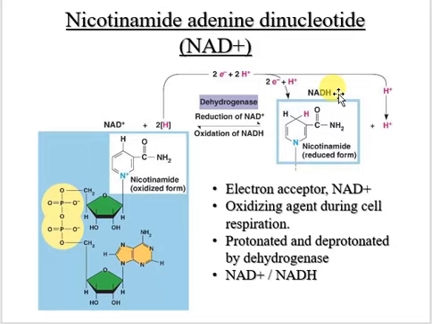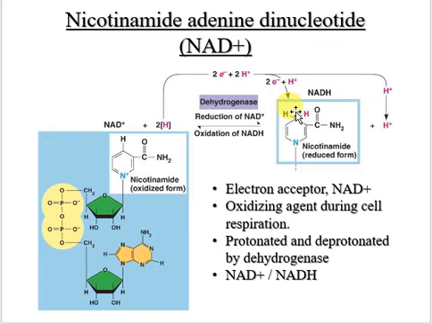Okay. So by adding this proton and these 2 electrons, the dehydrogenase will convert NAD+ into the reduced form, which is NADH, or nicotinamide in its reduced form. Now, this reduced form likewise can be converted into the oxidized form by the same enzyme.